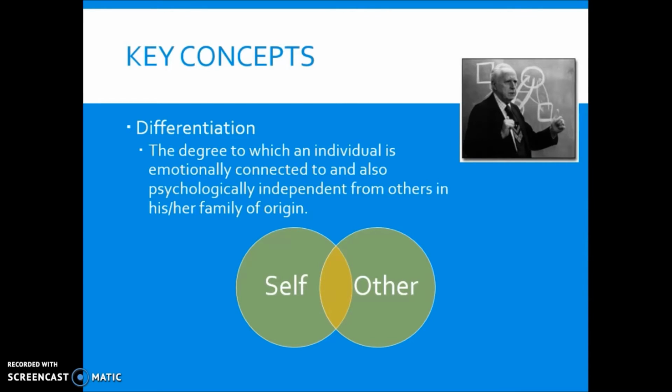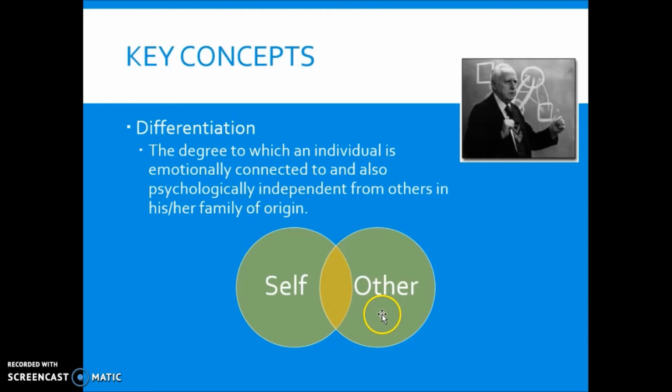Now, differentiation is the degree to which an individual is emotionally connected to and also psychologically independent from others in his or her family of origin. So you have the self here, and you have the other, meaning individuals in the family.